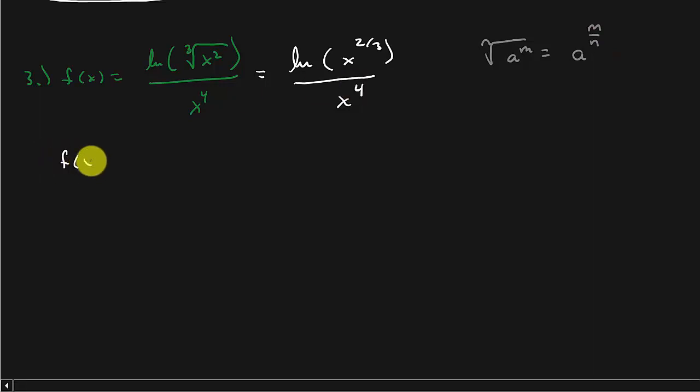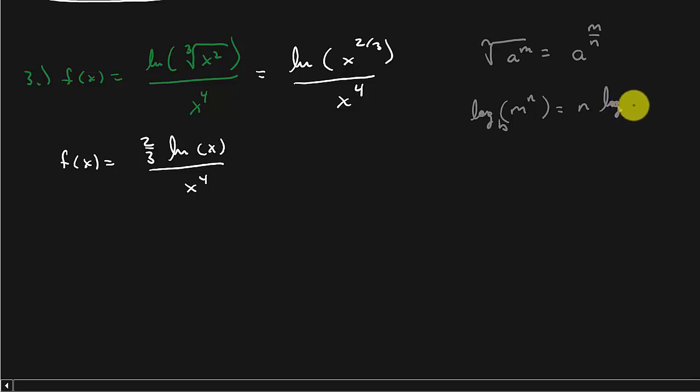And then this would tell us that f of x is equal to 2/3 natural log x over x to the 4th, right? We also have a property from algebra that says the log with base b of m to the n is equal to n times log of m with base b.